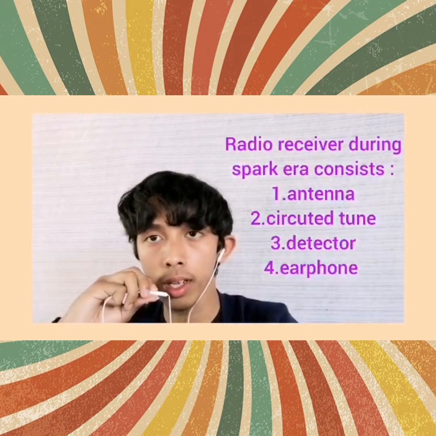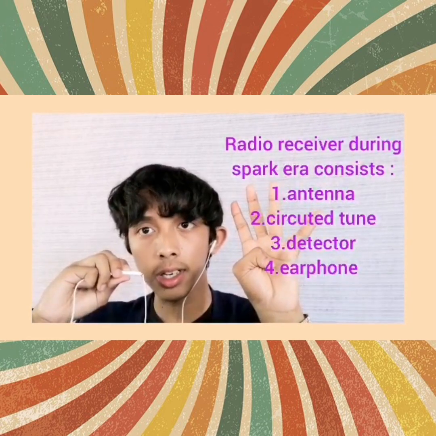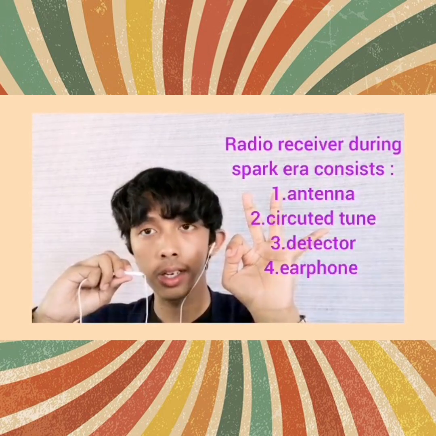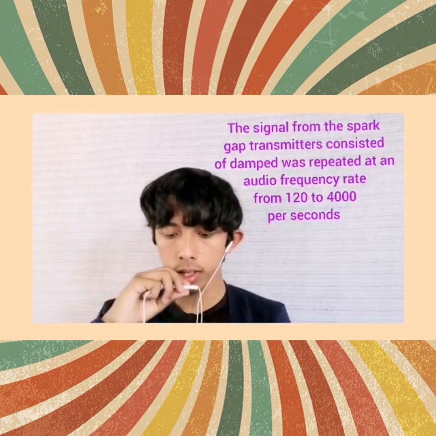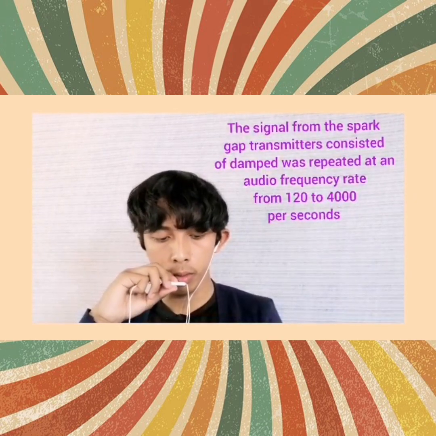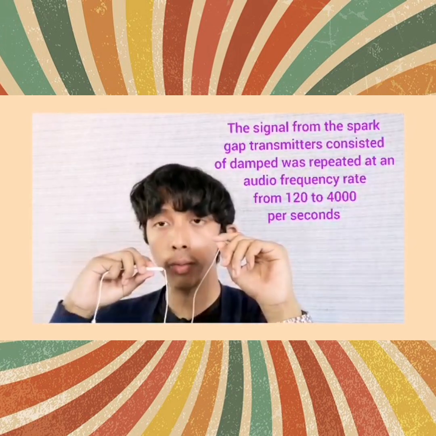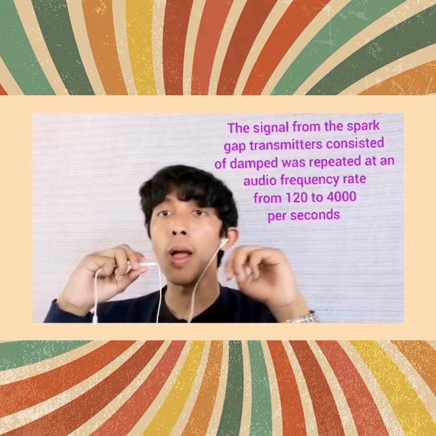The receiver during the spark era consists of four parts. First, antenna. Second, tune circuit. Three, detector. And fourth is earphone. The signal from the spark gap transmitter was pulsed at an audio frequency rate from 120 to 4000 per second.